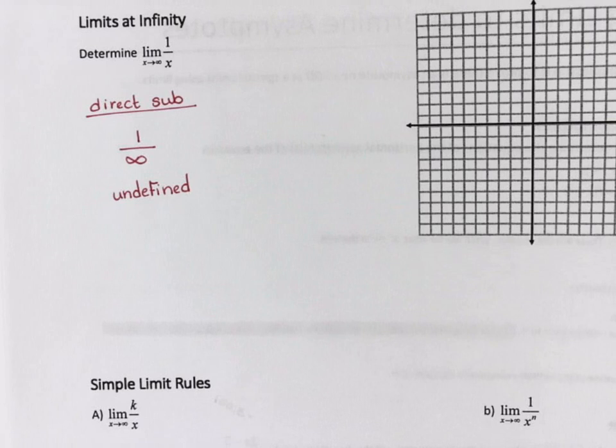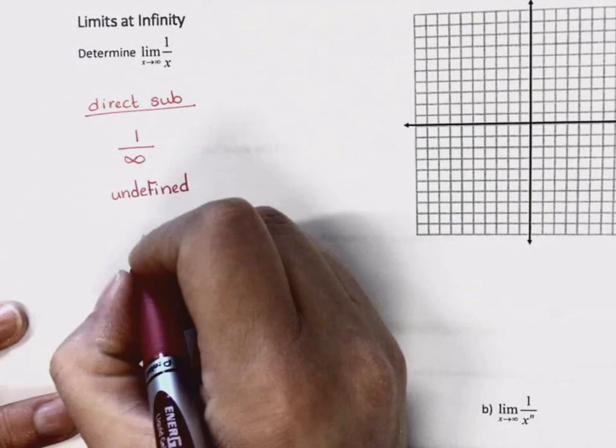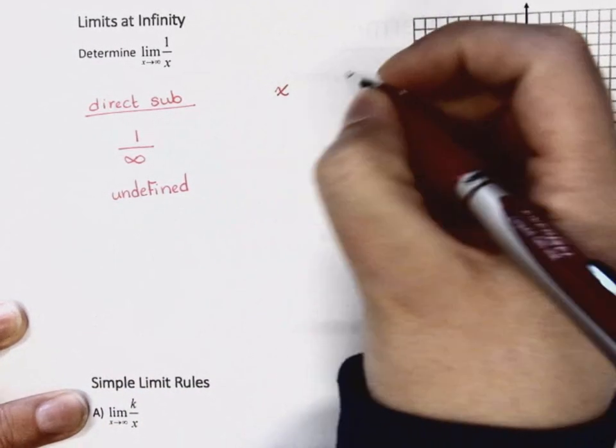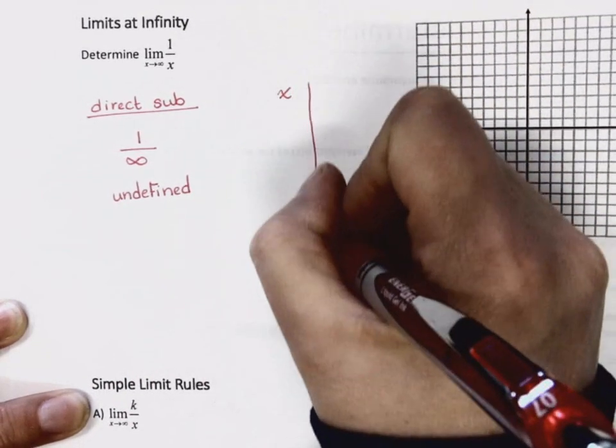Where would my non-permissible value be of this function? X not equals 0, right? So when we're looking at what values to put in our table, we're looking at things around 0. And you can use ish math as well if you wanted to.